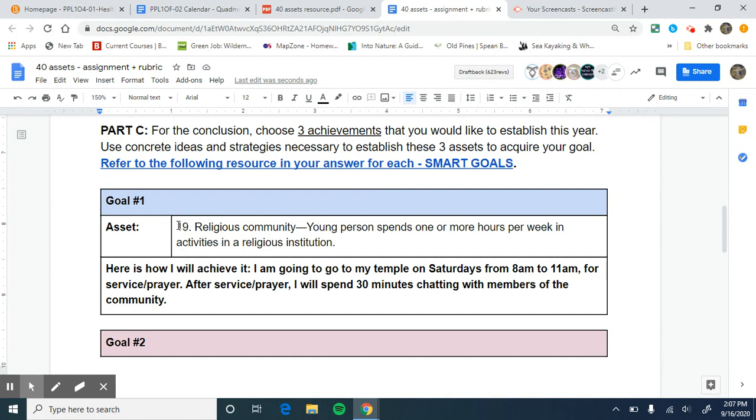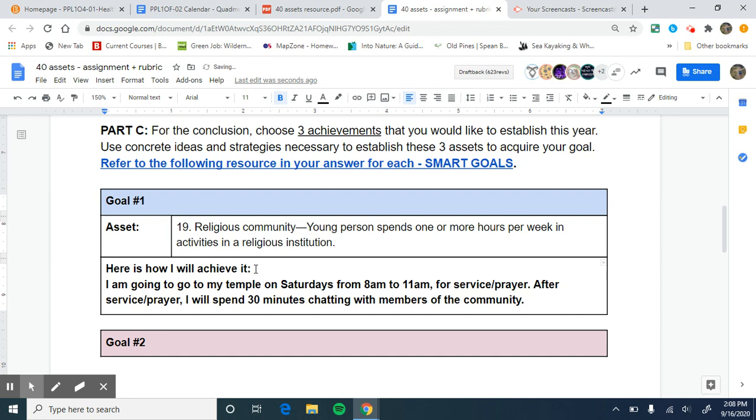So let's say my asset that I want to work towards is my religious community. I want to make sure that I spend 1 or more hours per week at my religious institution. So here's an example of how I would type my SMART goal. I'm going to go to my temple on Saturdays from 8 a.m. to 11 a.m. for either service or prayer, whichever you want to call it. And then after service or prayer, I'm going to spend 30 minutes chatting with members of the community.